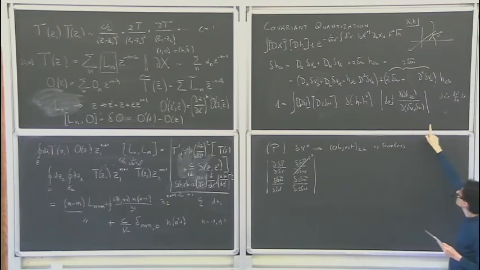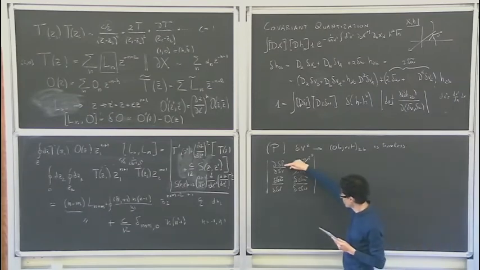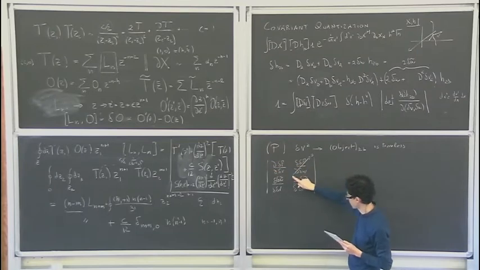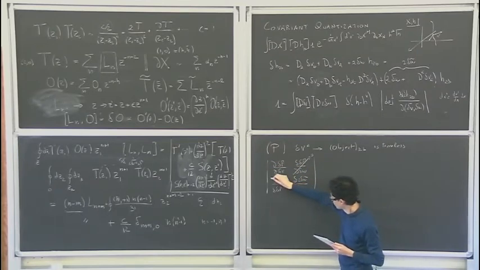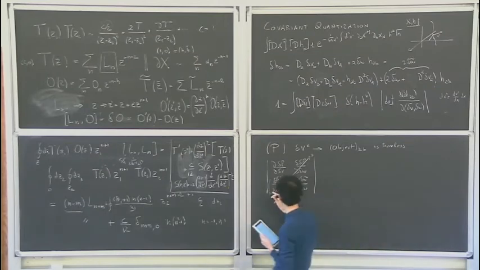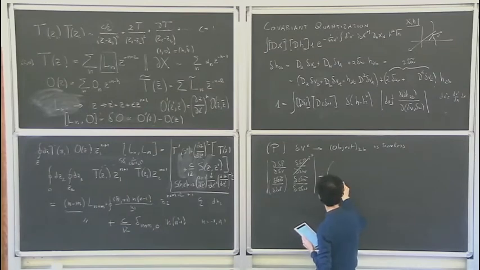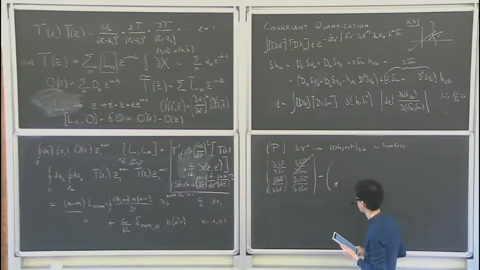So this determinant is like a triangular matrix. And so you can say that the determinant is the product of this determinant times the product of this determinant. We are not interested in this part. So this term we don't need to calculate.